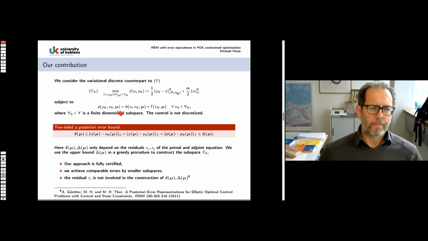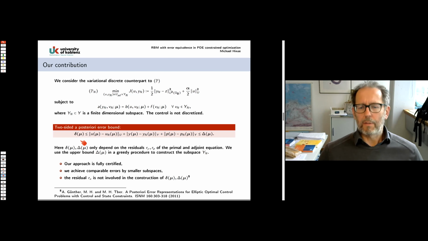Okay. So what we then can show is that if we proceed like this, we can prove a two-sided a posteriori error bound. So we are reliable in our error, so in the U error, in the state error, in the adjoint state error. But we are also effective. We have an effective lower bound. Okay.